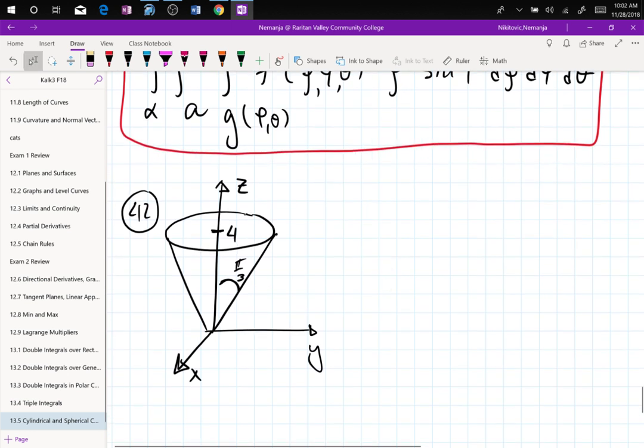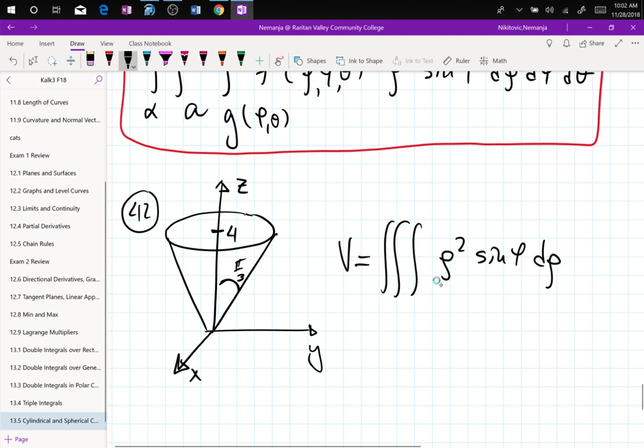So what is in my base? Well, it's always polar coordinates, r theta, in this case, rho theta. So to find the volume, I have my triple integral, and I have my string, which is rho squared sine phi d rho d phi d theta. That's a standard string.